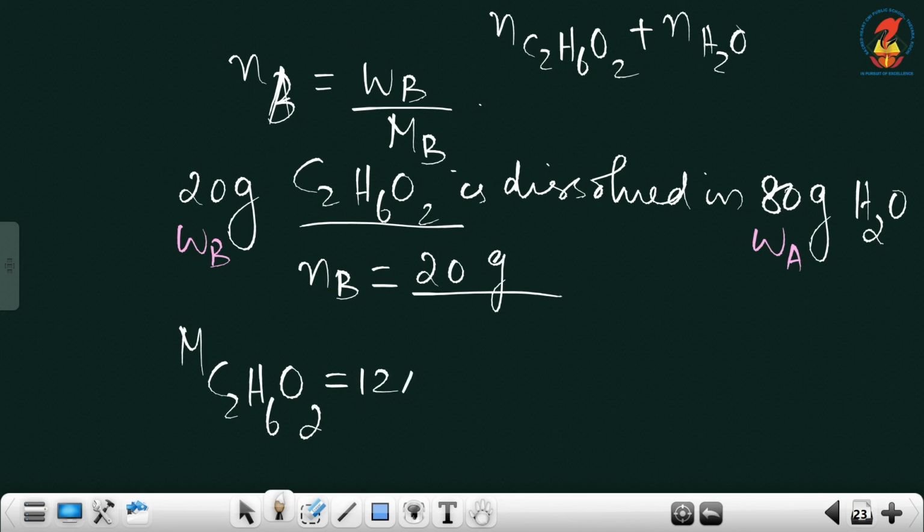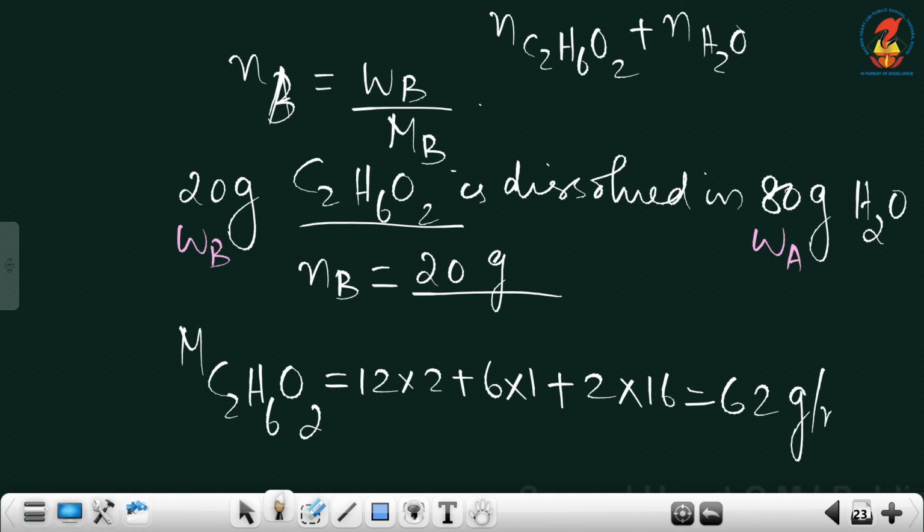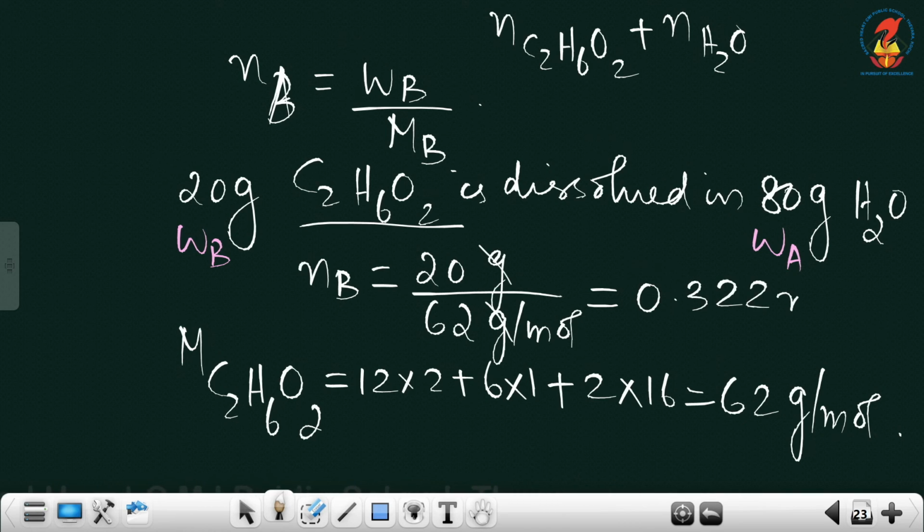Atomic mass of carbon is 12 into 2 plus 6 into 1 plus 2 into 16. And the answer is 62 gram per mole. So 20 divided by 62 gram per mole. Gram gets cancelled and you get the answer as 0.322 moles. So this is the number of moles of ethylene glycol.